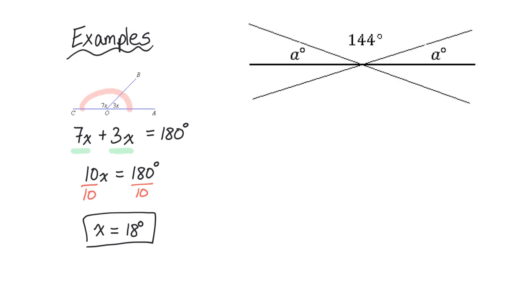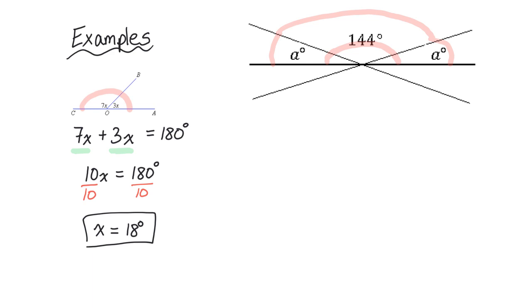In my last example, I have a little bit more complicated of a picture. Here, I have three different angles making a straight line. I have A plus 144 plus A, and that's giving me the straight line up top here. I also have some angles on the bottom, but I don't have any information, so I don't need to worry about the bottom part.